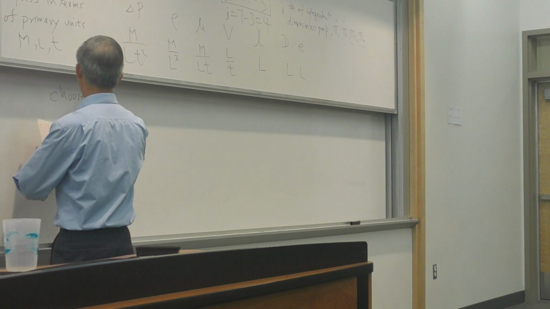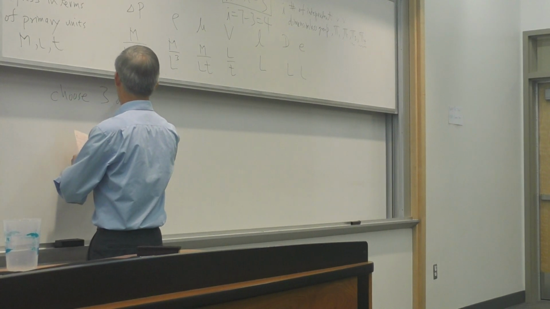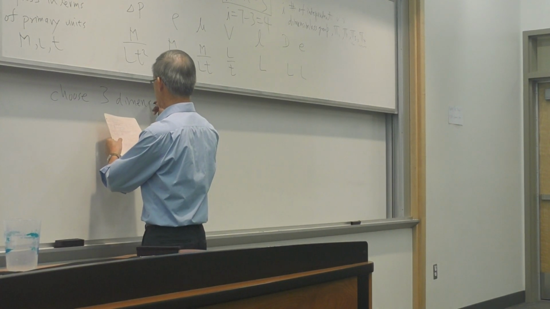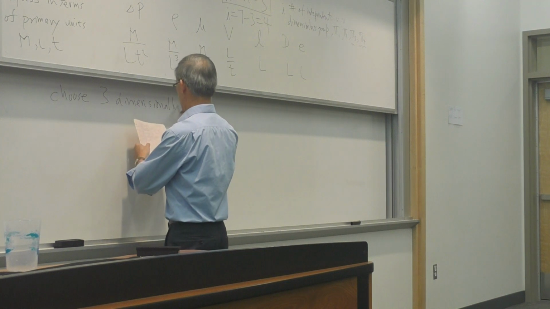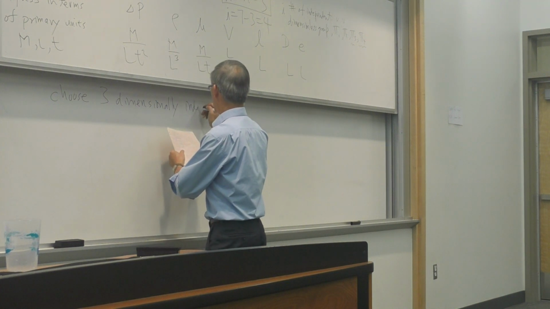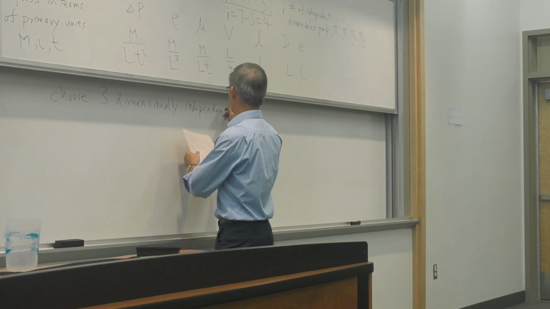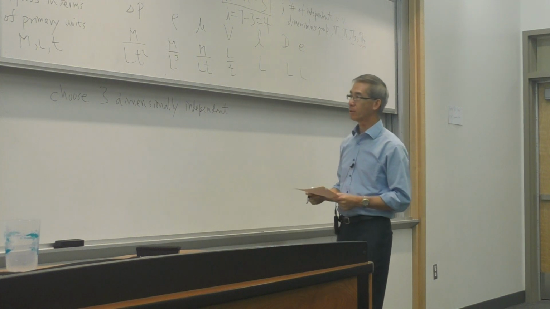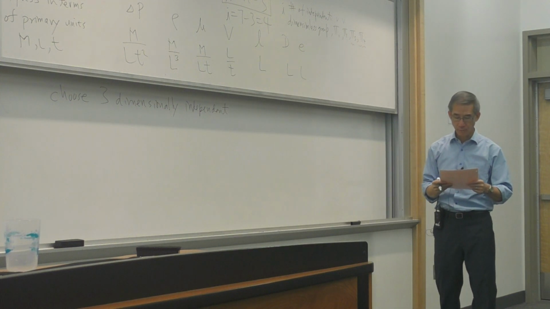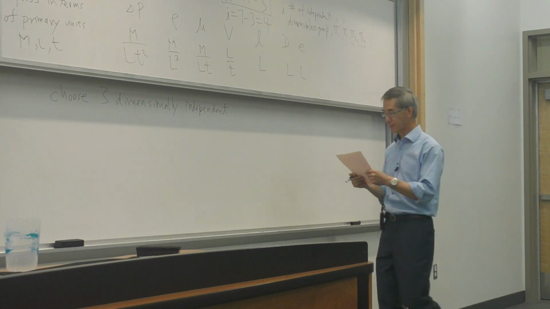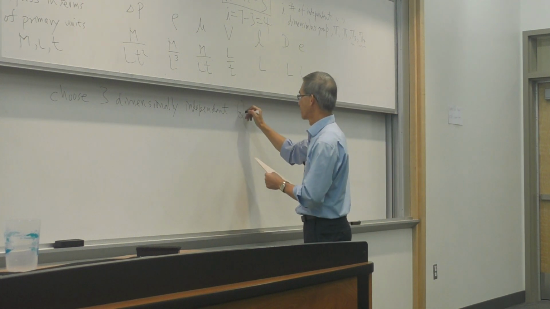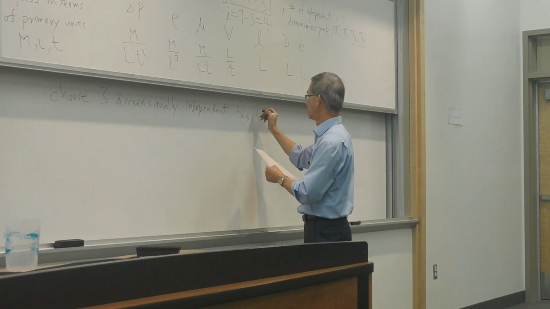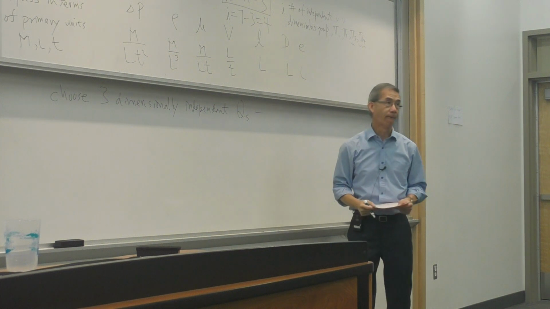So to form those pi terms, I do have to make a decision on my independent variables on the right-hand side. I have to go from that list of 6 and choose 3.